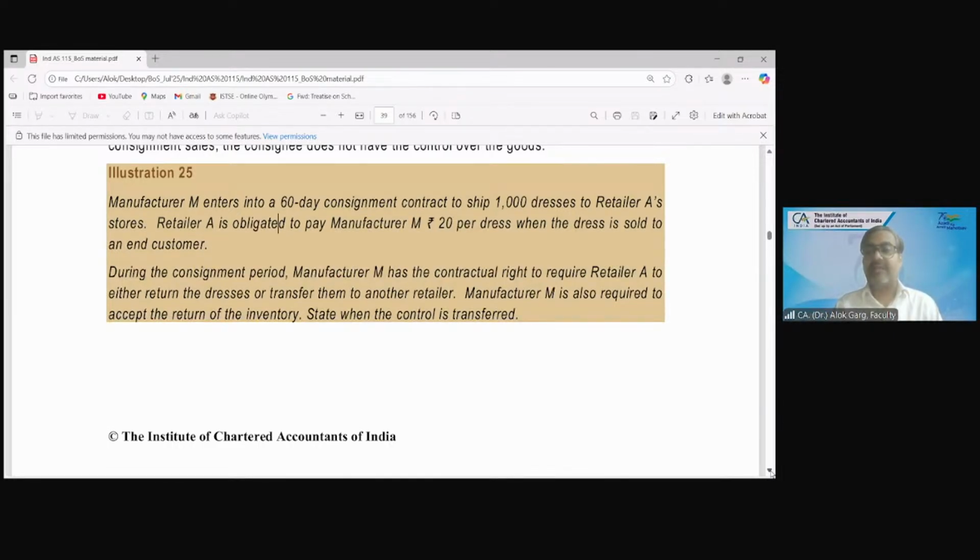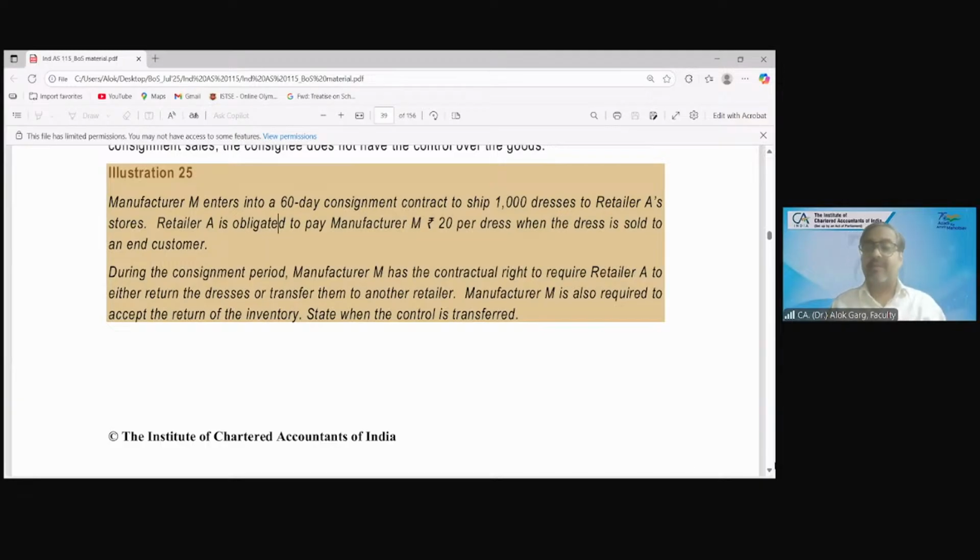If the clarity in the question is given that retailer A is acting as a consignee, and when he transfers the goods to the other retailer, it will also be considered as a sale, right? In that case, of course, two events. One, retailer A is selling the goods to the end customer. That is the trigger. Trigger number two, when retailer A is transferring the goods to another retailer.